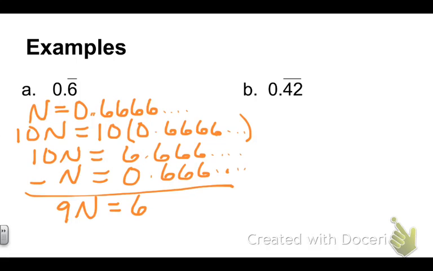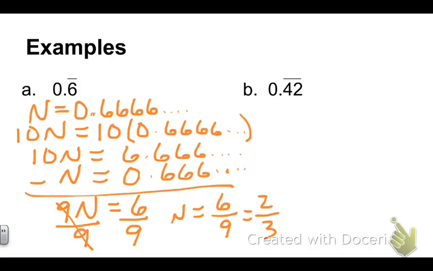And now I'm going to divide by the variable. So n is going to give me 6/9, and then I can reduce that to be 2/3. Alright, that's a lot of work to change to a fraction when you've got a repeating decimal.